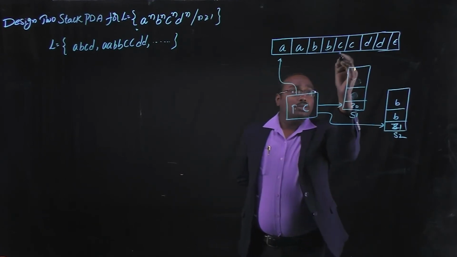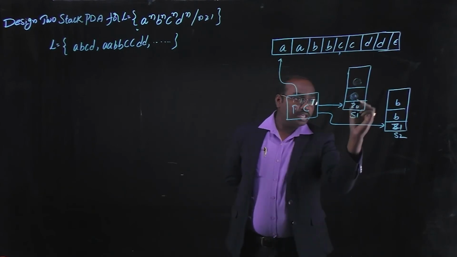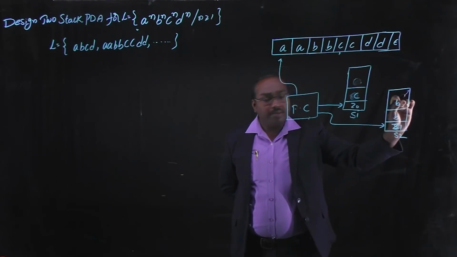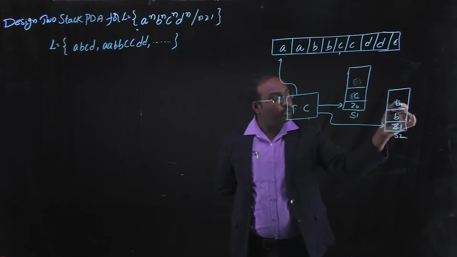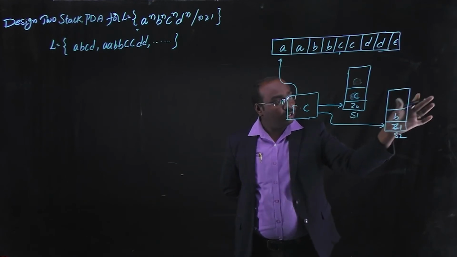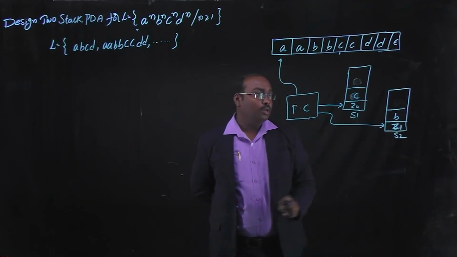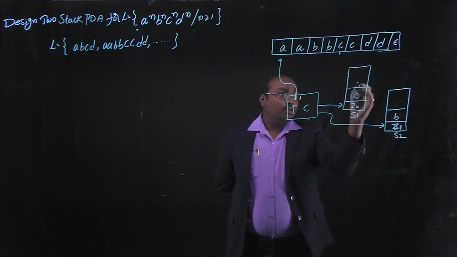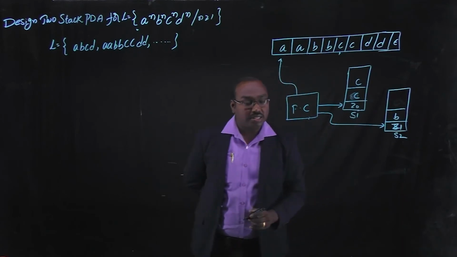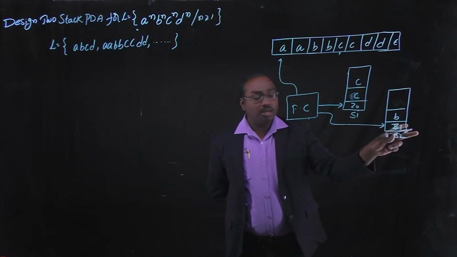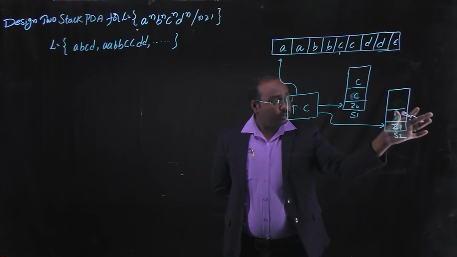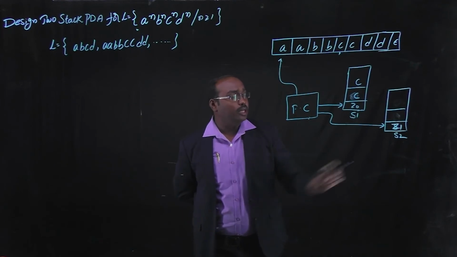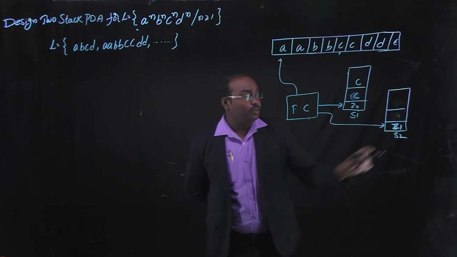So now the input symbol is C, we push it onto stack 1 and the corresponding top element on stack 2 is popped. Then for another C, we push that element onto stack 1 and remove the top element of stack 2. Now stack 2 should be emptied.